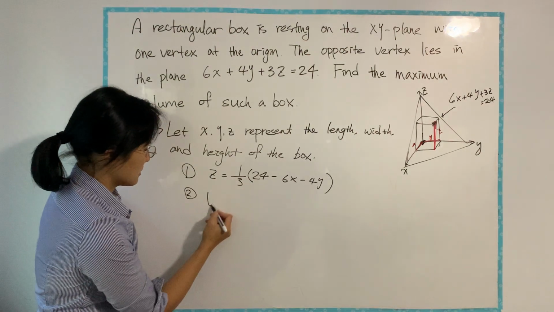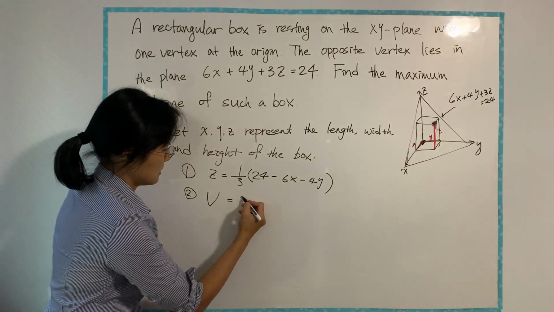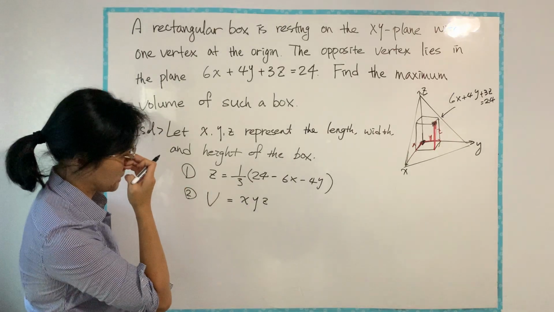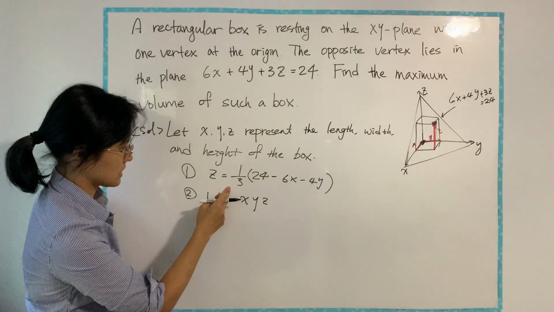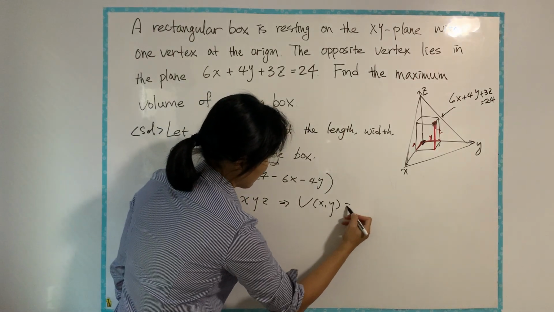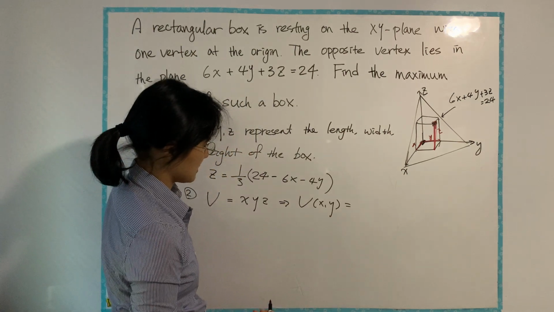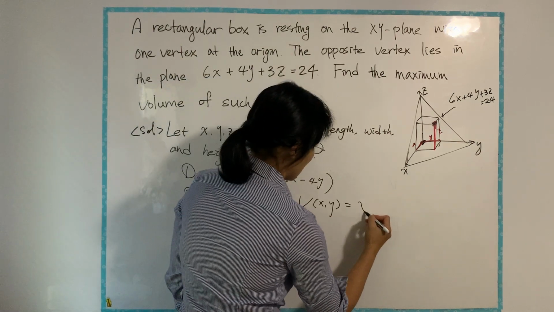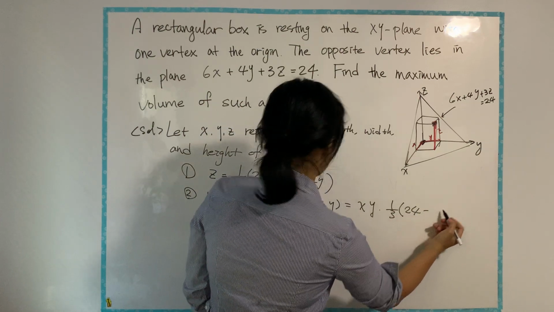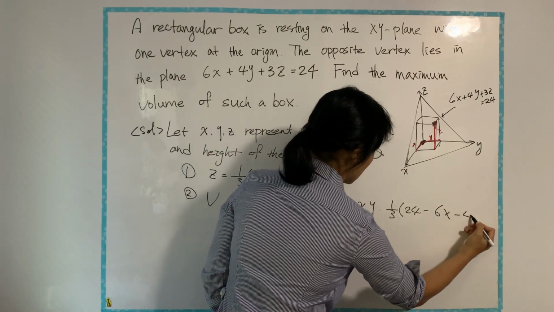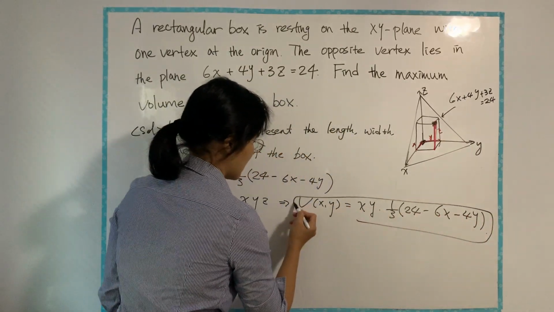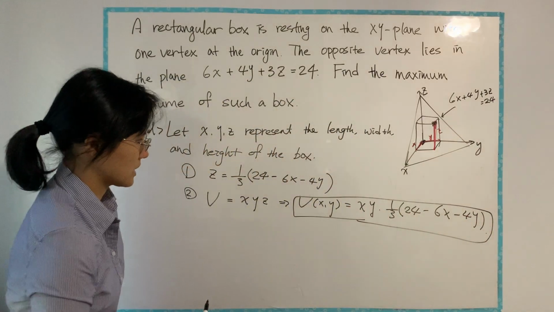Second, the volume is length times width times height, but because z can be expressed in terms of x and y, the volume can be expressed in x and y. So that will be x times y times 1/3 of 24 minus 6x minus 4y. Okay, so that would be my function of x and y.